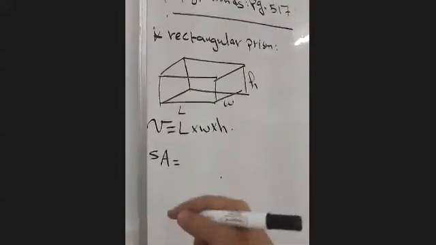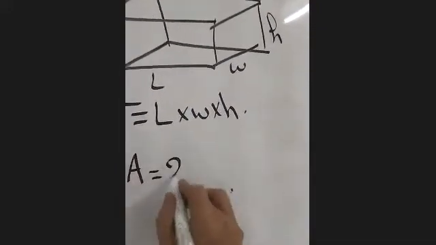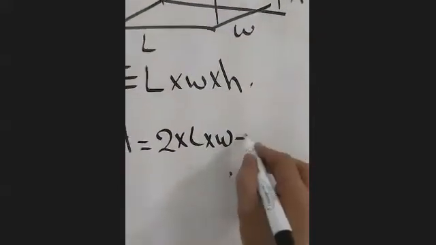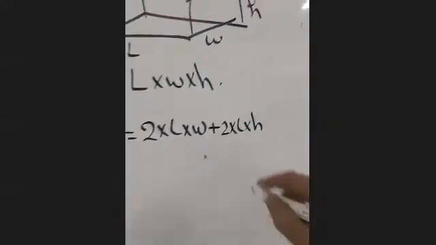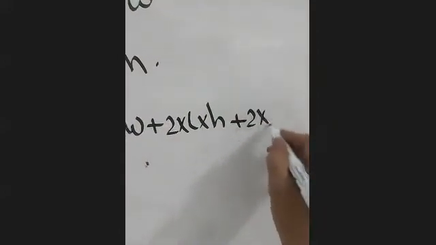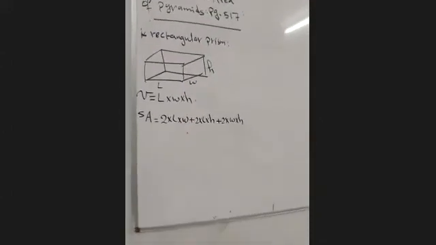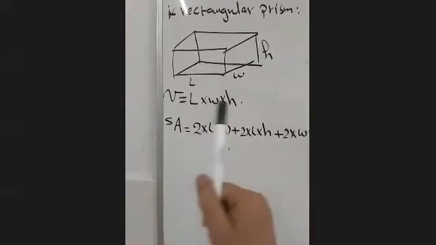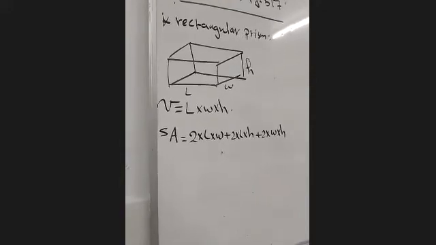The surface area is 2 multiply length multiply width plus 2 multiply length multiply height plus 2 multiply width multiply height. So for the rectangular prism, we took 2 formulas.